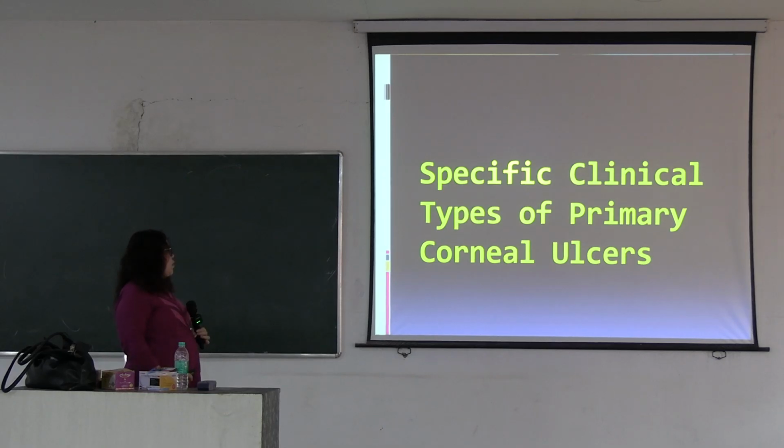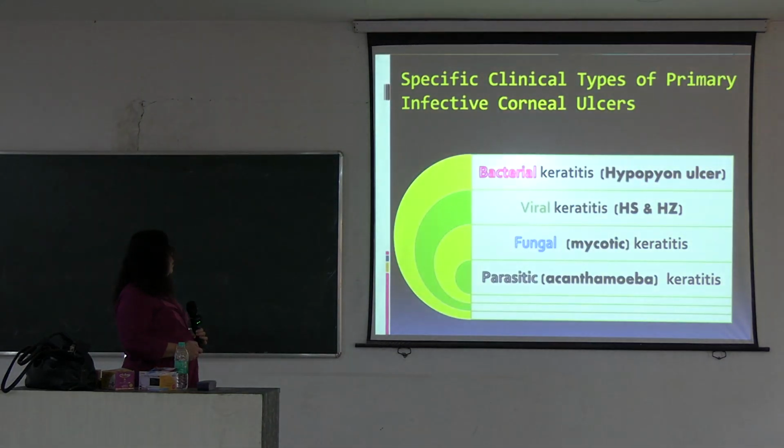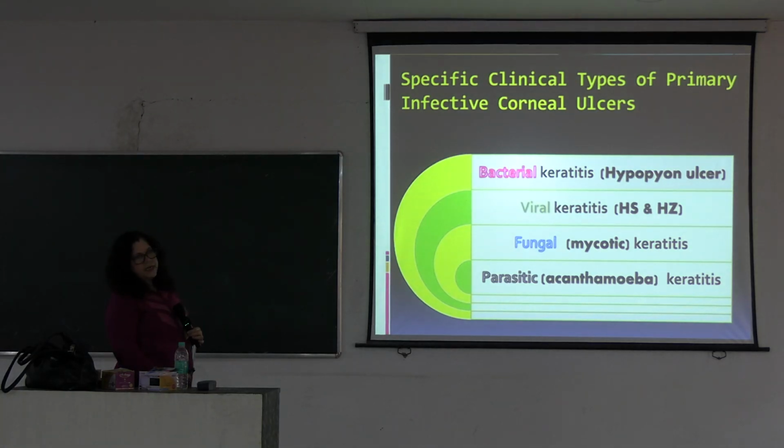Then we discuss the specific clinical types of primary corneal ulcers. Primary infective corneal ulcer may be of 4 types: bacterial keratitis or hypopyon corneal ulcer, and the second one is viral keratitis, which may be herpes simplex keratitis and herpes zoster keratitis.